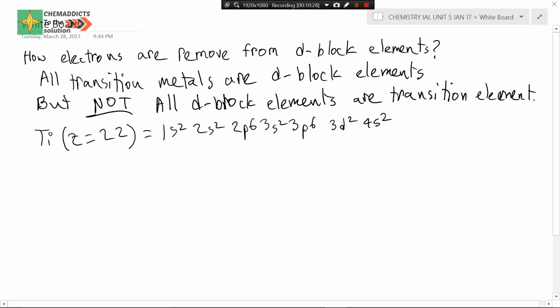Titanium is a d block element as well as a transition metal. Let us get back to the point we were discussing. When a d block element loses electrons and becomes a positive ion, the outer 4s electrons are always lost before any 3d electrons.